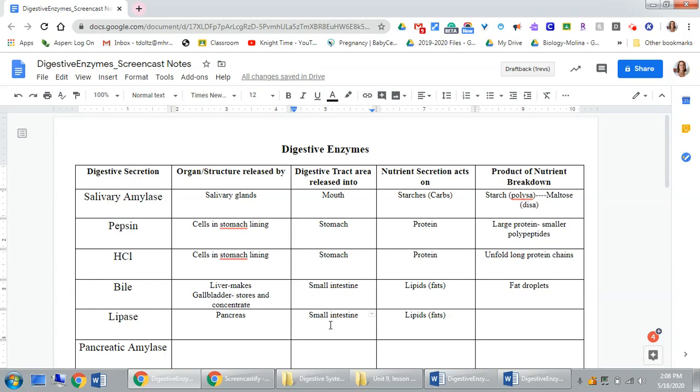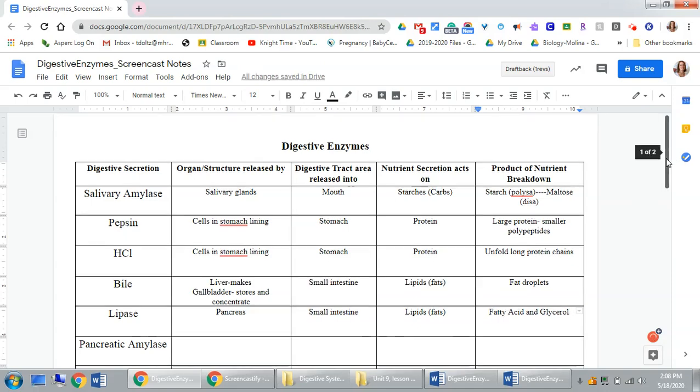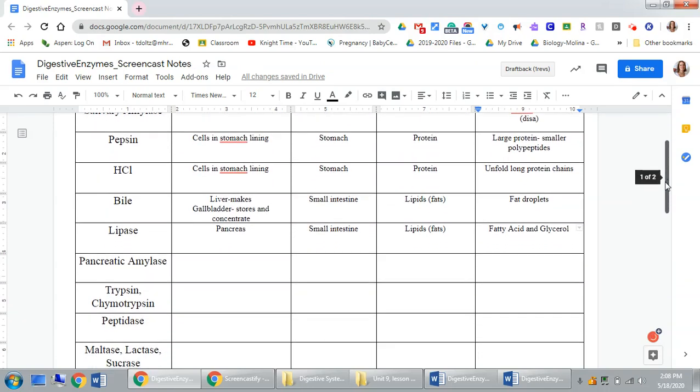Lipase is what's actually going to finish off the digestion of fats. The most basic units of a fat are a fatty acid and glycerol. I know it's been a while, but that was that great chapter 2 biochemistry test. What were the building blocks?